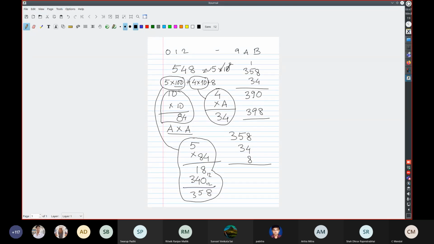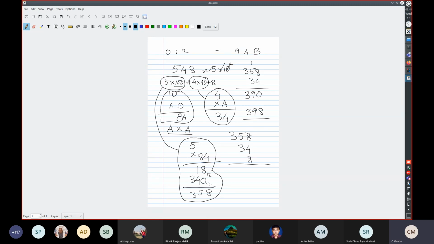Sir, can you show the conversion from base 12 to base 8 also? Base 12 to base 8, you can do division. Actually, division you can do even if you want to. See, both the methods work the same. It is just a matter of convenience. Which one works better for you?